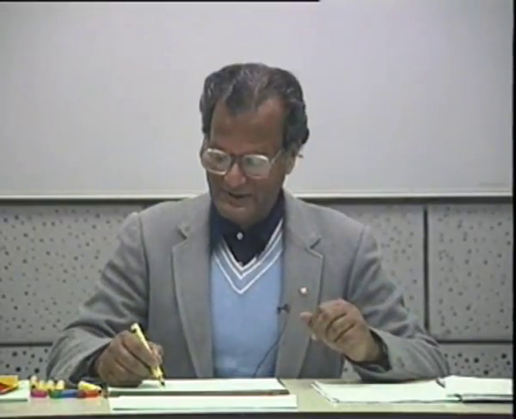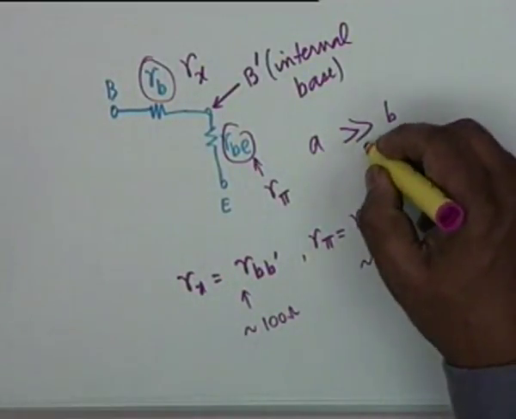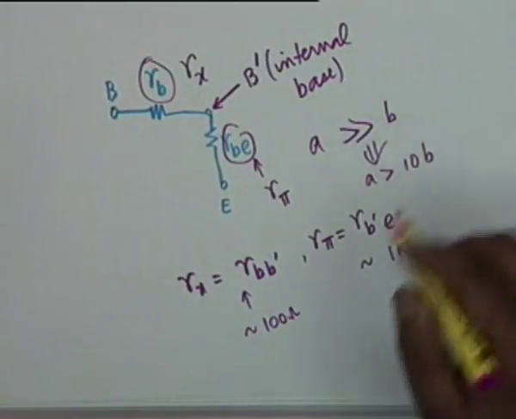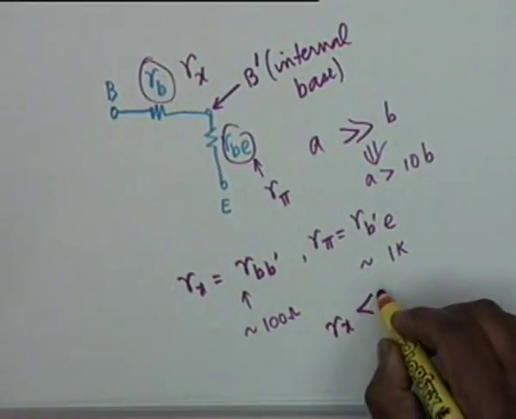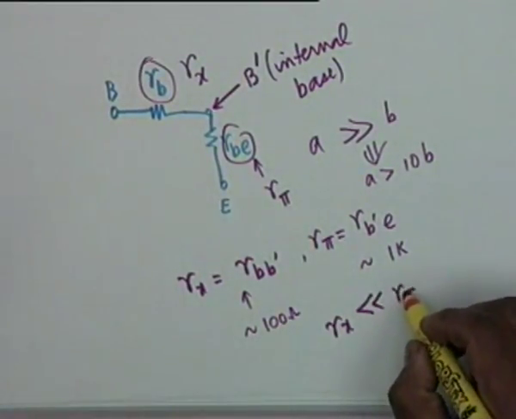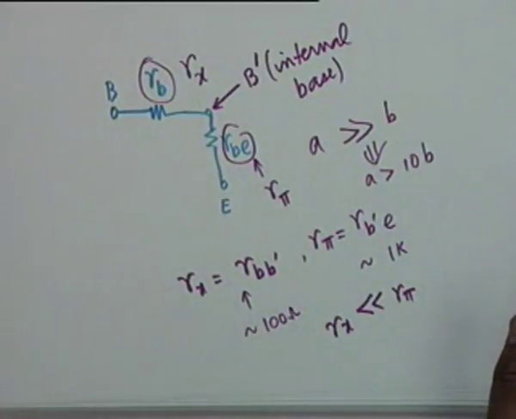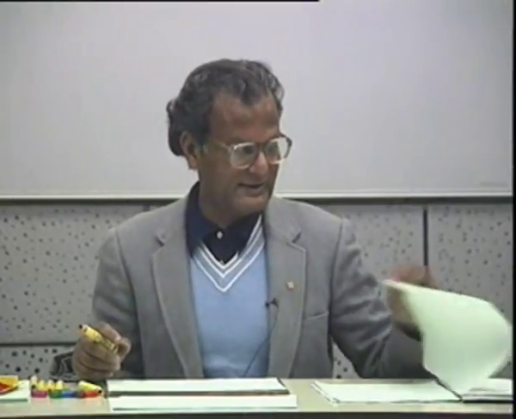A much greater than B means that A is greater than 10 times B. So Rx is usually taken as much less than R pi, and in circuit modeling, to keep life simple, we usually ignore Rx. Not always, there are situations when Rx cannot be ignored and we have to take account of Rx.